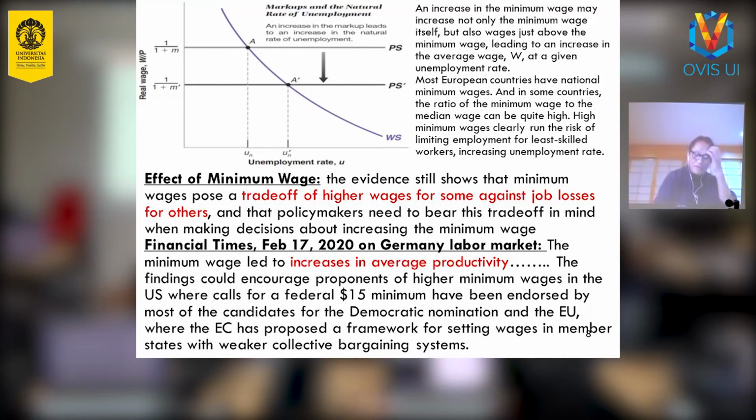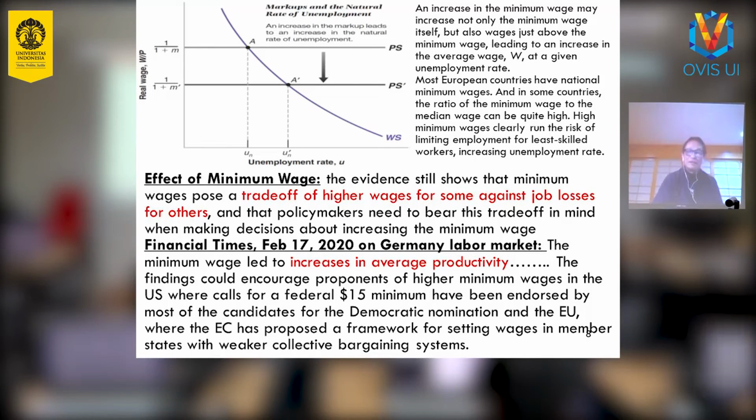And I was about to say earlier, is there any sort of rule of thumb? What is enough minimum wage? Well, there is no God-given rule here, and there is no academic explanation in terms of what is the enough level of the minimum wage.